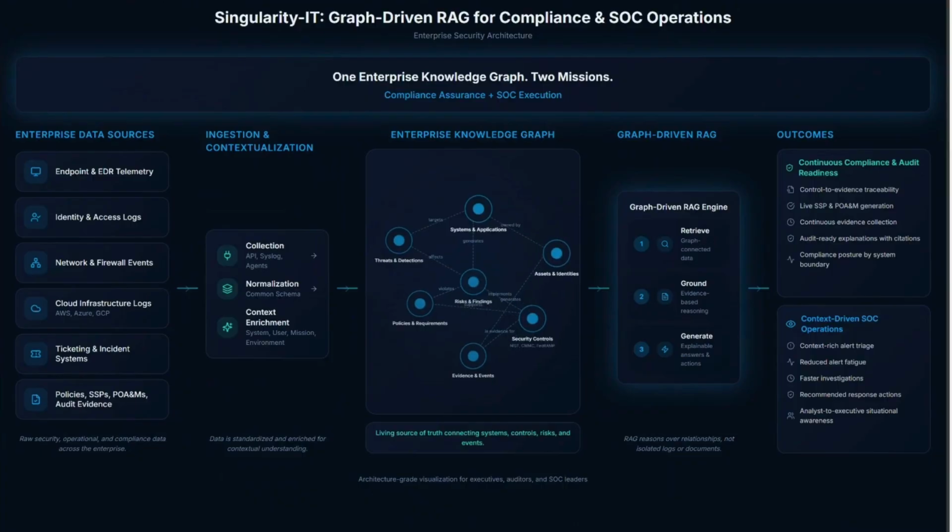So this is our enterprise knowledge graph, where it directly shows how, inside of the enterprise knowledge graph, we bring and source information from various data sources that you will find in your cybersecurity stack. Those could be your endpoint detection and response information, any type of access logs, even down to the compliance logs that you've actually put in place.